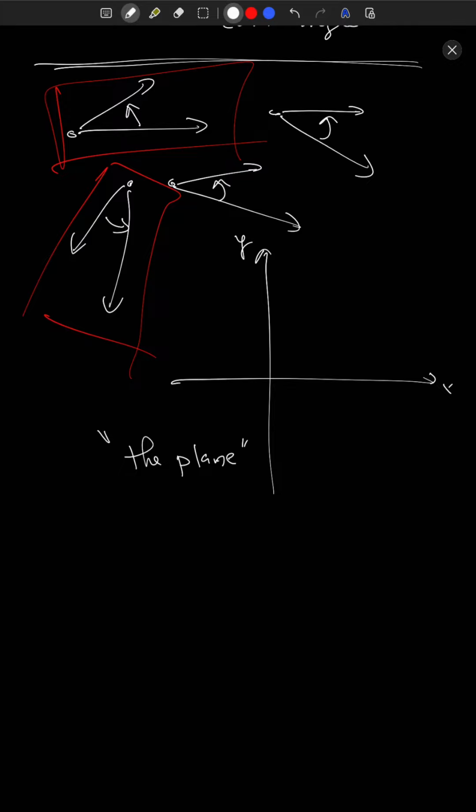And what we do is we put the vertex of our angle at the origin, and we put the initial side along the positive x-axis, right there. And then we put the terminal side wherever it needs to go. In this particular example, that would be my terminal side. So this angle right there should be the same as that angle right there.